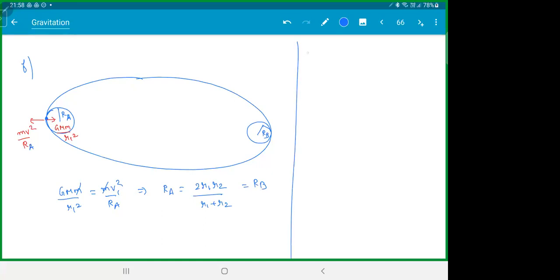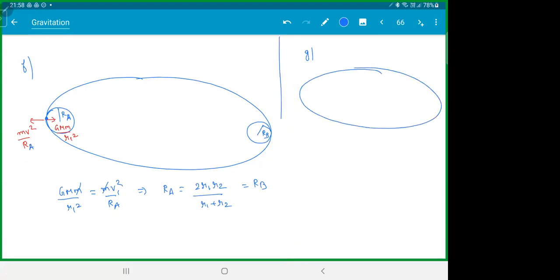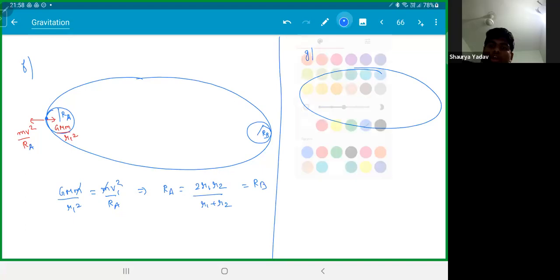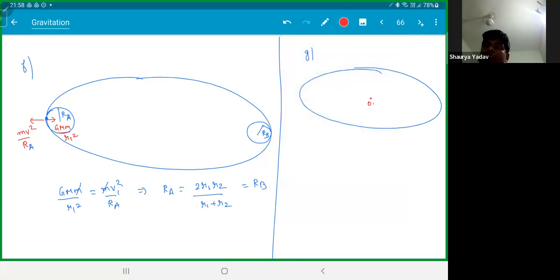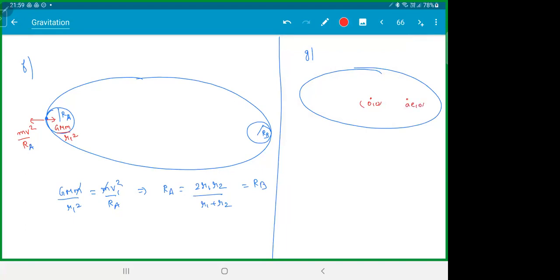What about eccentricity? For an ellipse, do you remember the coordinates? (a, 0) and (0, b). This focus is at (ae, 0). That means this total distance will be how much? a plus ae.